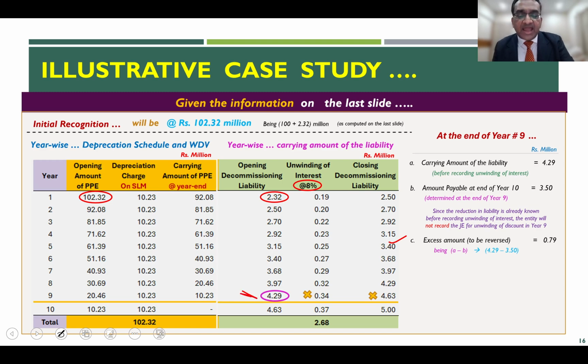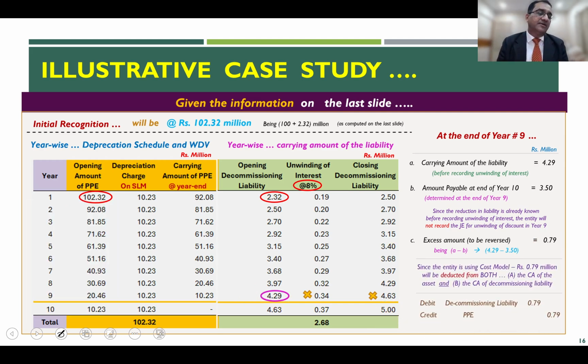You already have a liability balance of 4.29, but you actually need only 3.5. So this liability itself you have to reduce. There's a decrease in liability to the extent of 0.79 million. What is 0.79 million? It is 4.29, the carrying amount of the liability, minus what you are supposed to pay, 3.5, not 5. So 4.29 minus 3.5, 0.79 million, is your reduction in the liability.